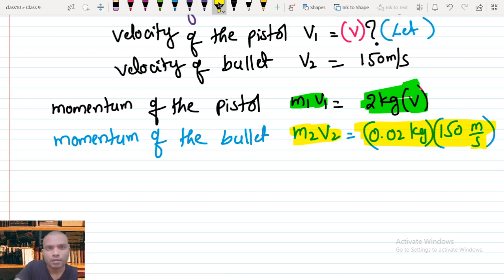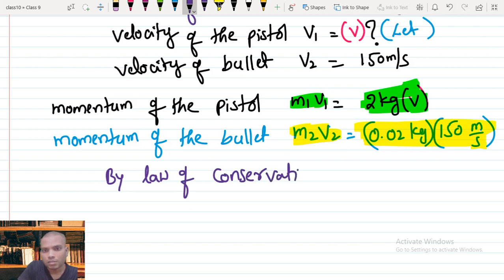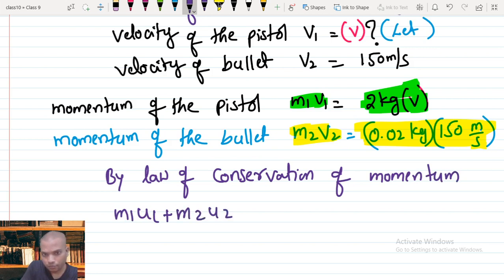Now applying the law of conservation of momentum, apply the formula m1 u1 plus m2 u2 equal to m1 v1 plus m2 v2. That is, total momentum before collision equals total momentum after collision.